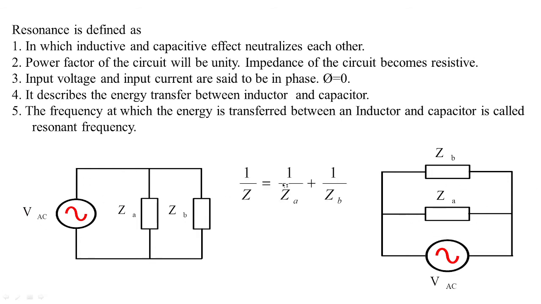In general, for the impedance calculation, we formulate the impedance of a parallel circuit as 1 by Z equal to 1 by ZA plus 1 by ZB, or the parallel combination is Z equal to ZA ZB by ZA plus ZB. This is how we have to concentrate on the impedance of the circuit. Once we obtain the impedance, it is easy for us to obtain the resonant frequency of the parallel network.